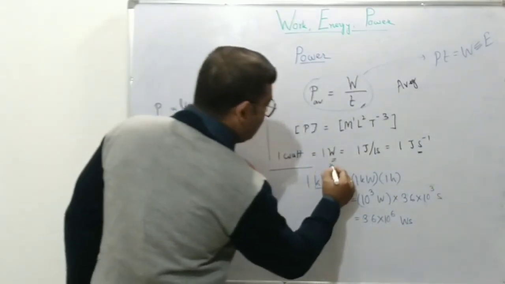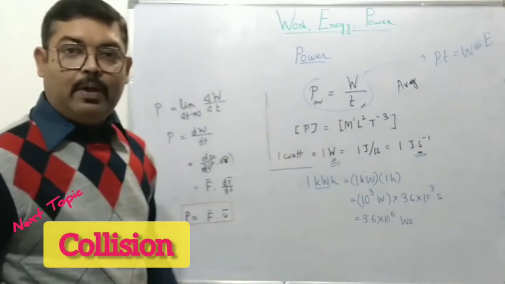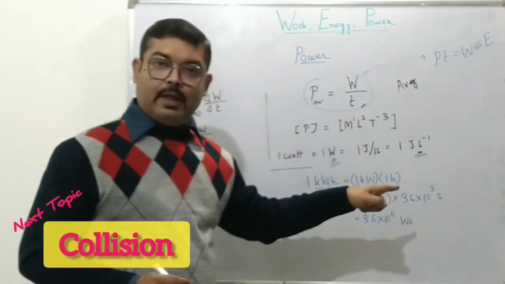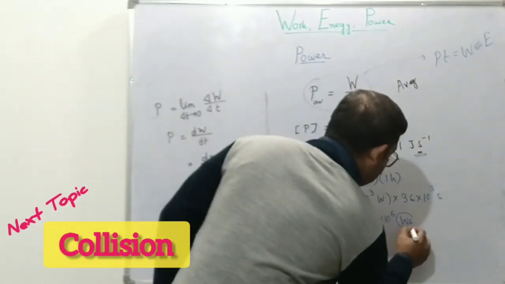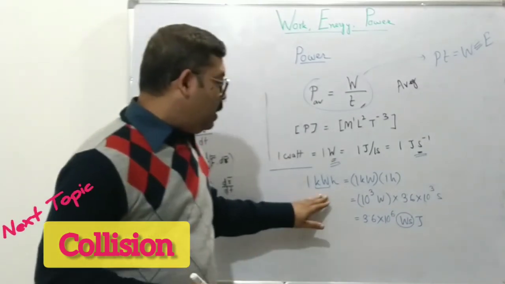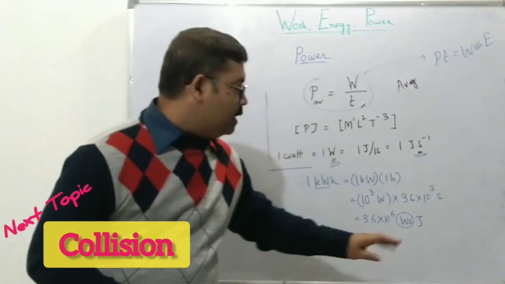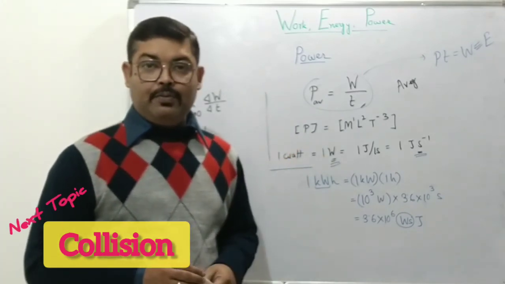But watt is equal to joule per second, so watt multiplied by second will give us joule. So 1 kilowatt hour is basically 3.6 into 10 to the power 6 joule of energy that is consumed.